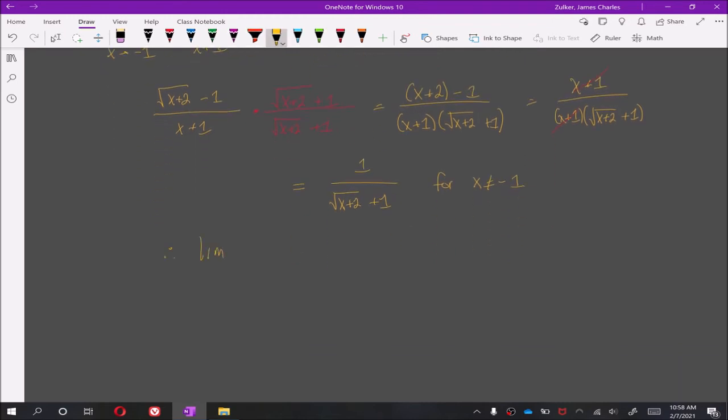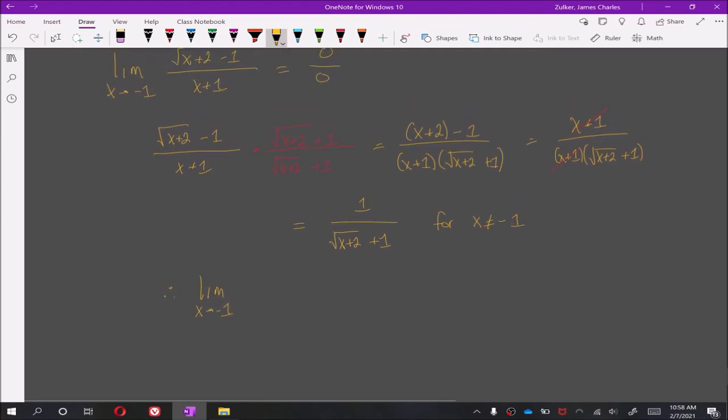So then our original limit is now equal to this limit. Plugging in negative 1, we get 1/2.